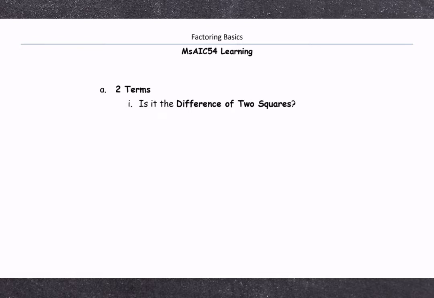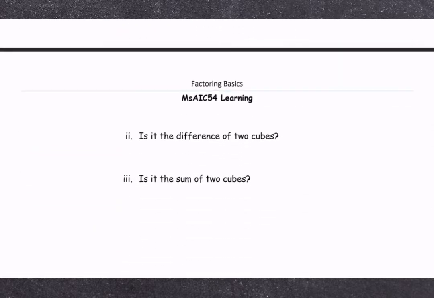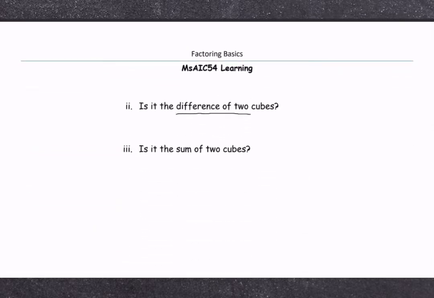So there's three techniques you can use if you have two terms. One of them is the difference of two squares, which we're going to talk about right now. And then you also have, if you scroll down, the difference of cubes and the sum of cubes. Okay, we're going to focus on difference of squares.